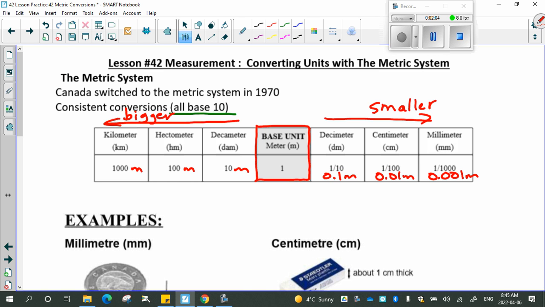Okay, so that's everything in terms of meters there. A decameter is 10 meters, a hectometer is 100 meters, a kilometer is 1,000 meters. Okay? And a decimeter is 0.1 of a meter, or 1/10 of a meter. A centimeter is 0.01 of a meter, and a millimeter is 0.001 of a meter.